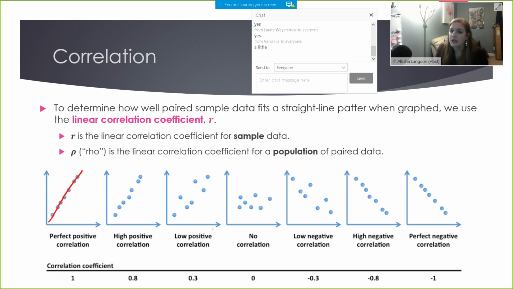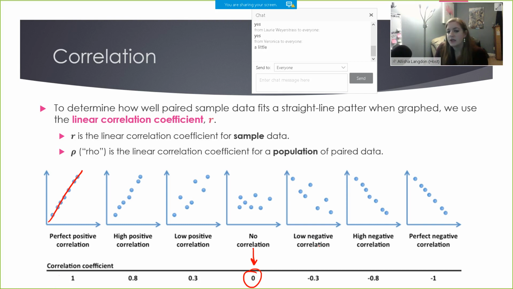And then as we get closer to 0, the points start migrating away from that straight line, so it doesn't fit the line as well. And as you get to 0, that means there's no correlation. There's no relationship between these two variables.